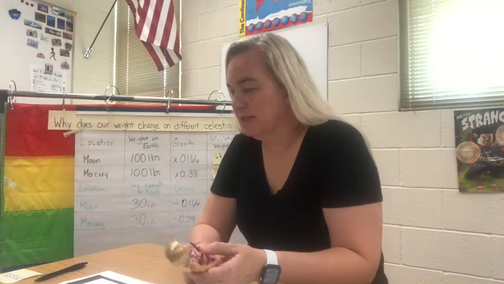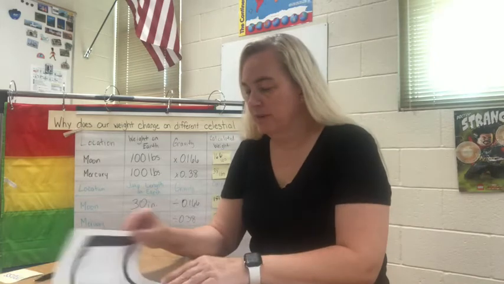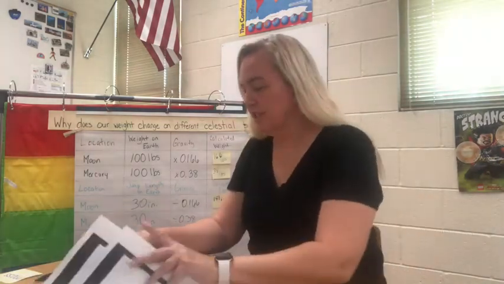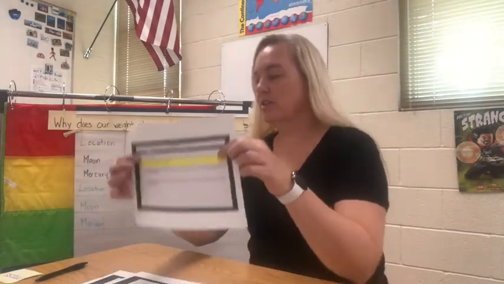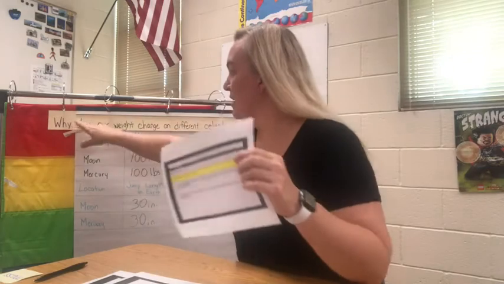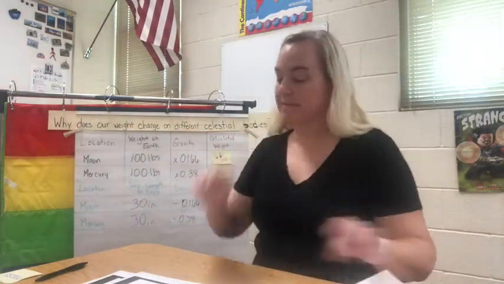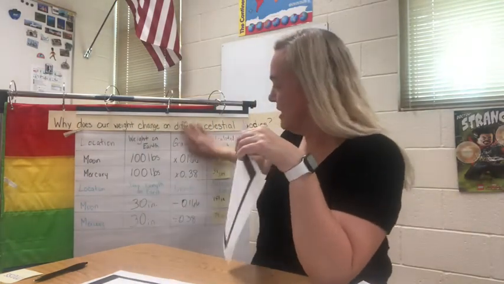Great perception. Excellent. Now, what I want you to do is, we're still going to continue talking. I'm just going to finish up the video for a second. So, what you're going to do is, in the phenomena question, why does our weight change on different celestial bodies? This picture is in Google Classroom.